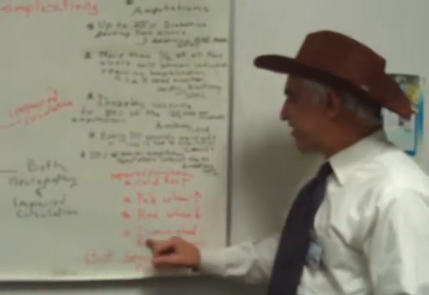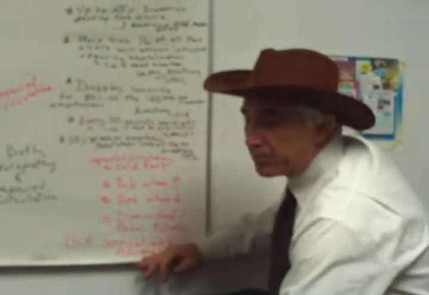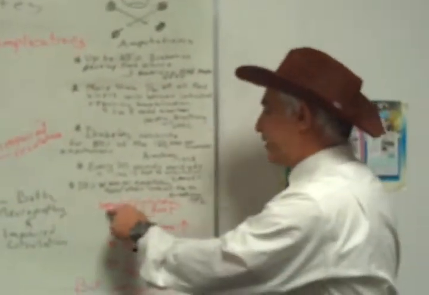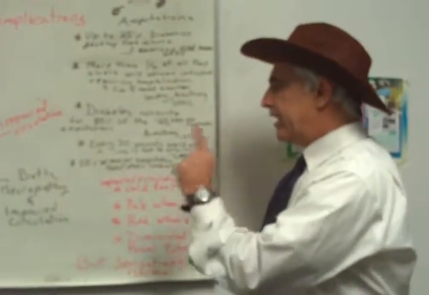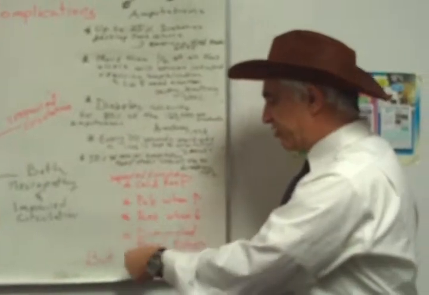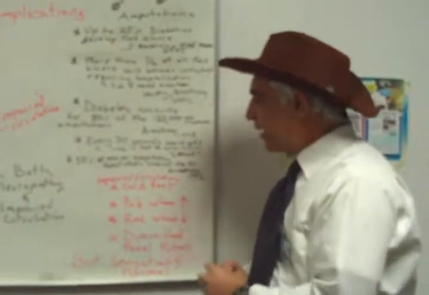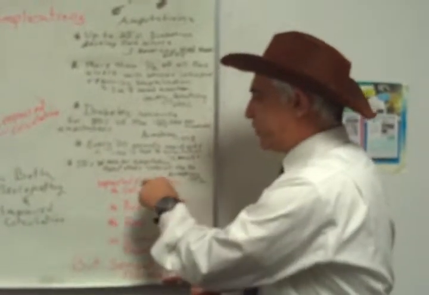Also, we know of diminished pedal pulses. If you palpate the pulse and say, boy, that feels very thready, that could indicate impaired circulation. Now, if they have all these problems with the circulation, but they have normal sensations, hot, cold, pain, then it's limited to impaired circulation.